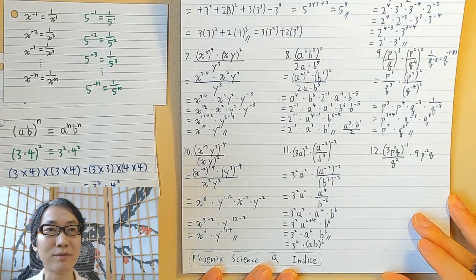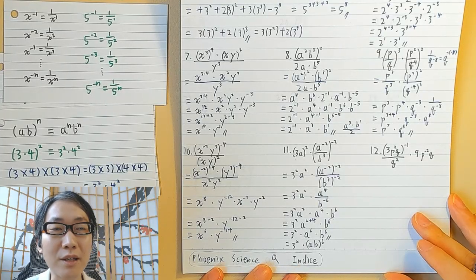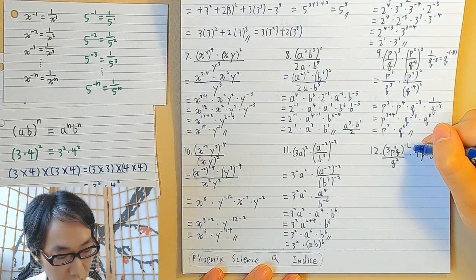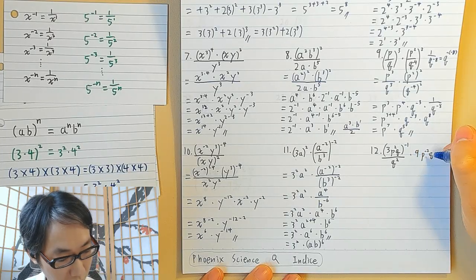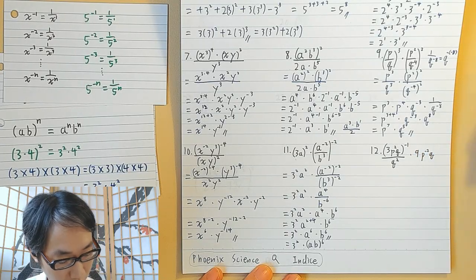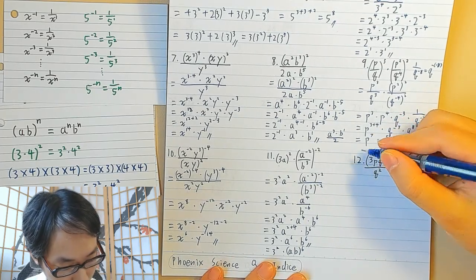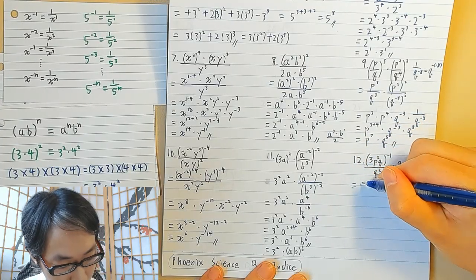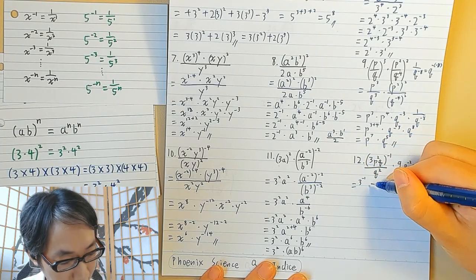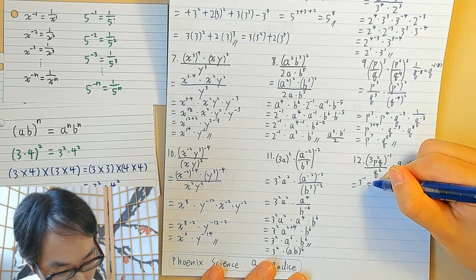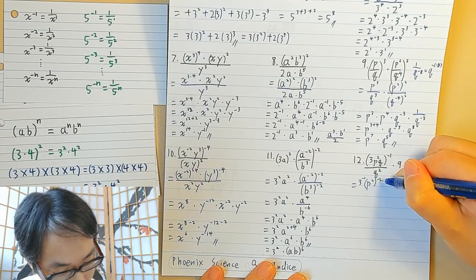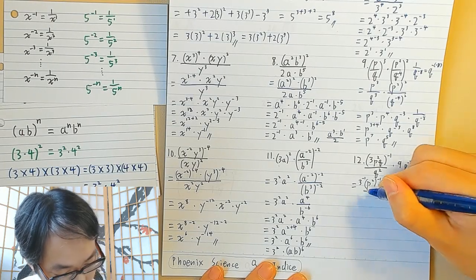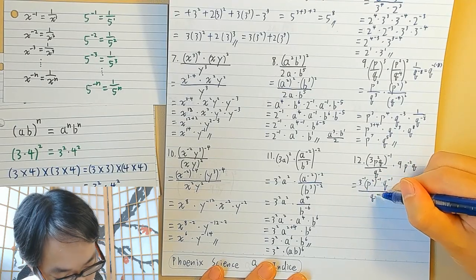And then 12. So this is 3 times p squared times q, bracket to the power of negative 1, over q squared times 9 p to the power of negative 2 and q. So we distribute the power of negative 1 to this 3 in the denominator. So 3 to the power of negative 1 times p squared to the power of negative 1 times q to the power of negative 1 over q squared.